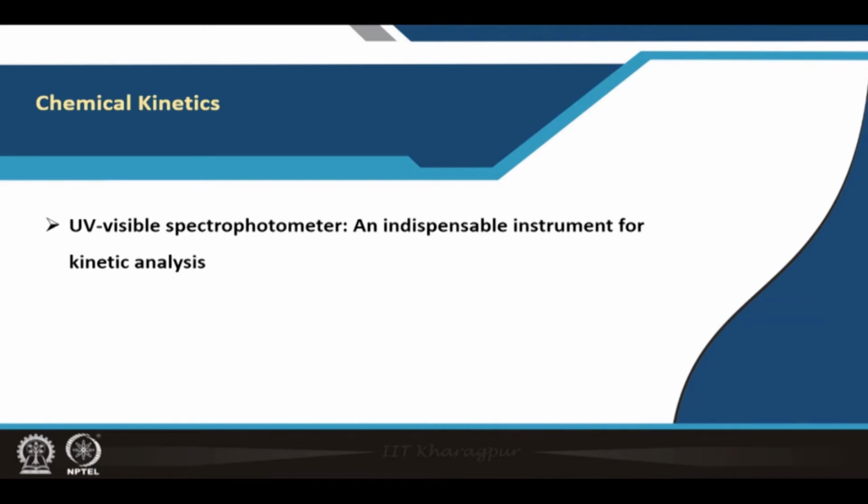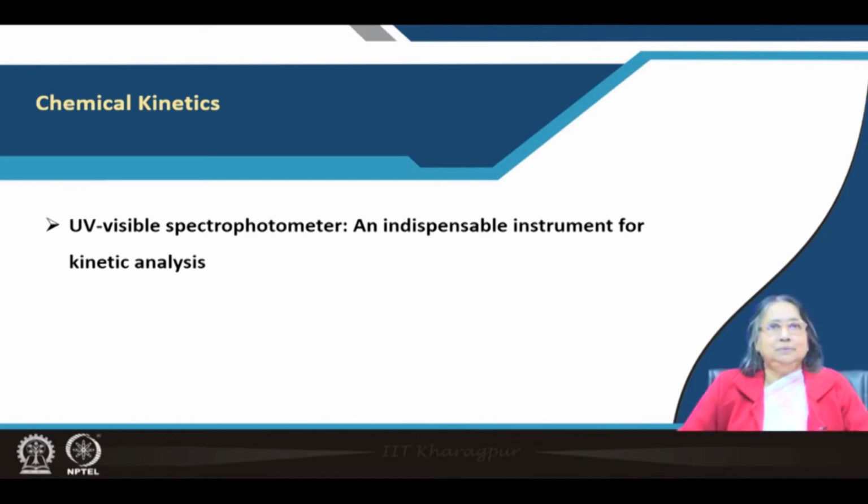Okay. And you know that the UV visible spectrophotometer is a very common and cheap instrument, which is present in every lab, research lab, and MSc or MTech lab. It is a very useful instrument, as I told you in maybe the 11th or 12th lecture, that absorbance values we can use to monitor the progress of the reaction.